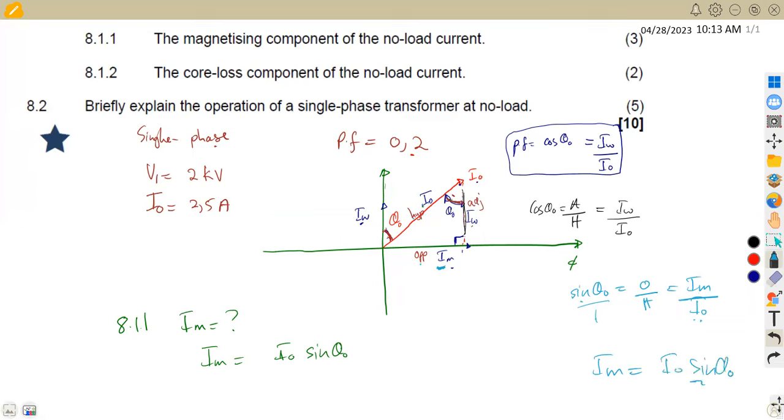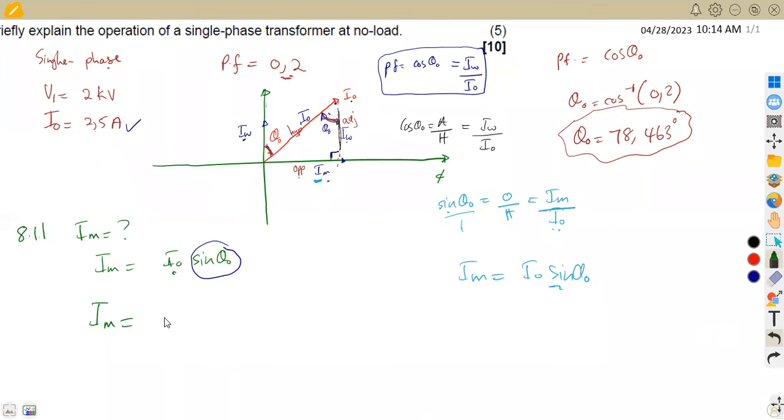So this is the theta that we are going to use to calculate our magnetizing component in this case. So from our formula of IM, we said our IM is going to be IO, which is 2,5, times the sine of theta, that's 78,463 degrees. All right. So we can calculate our IM in this case.